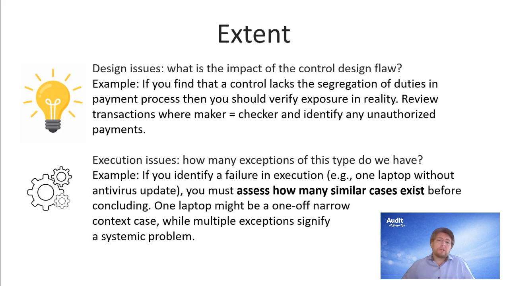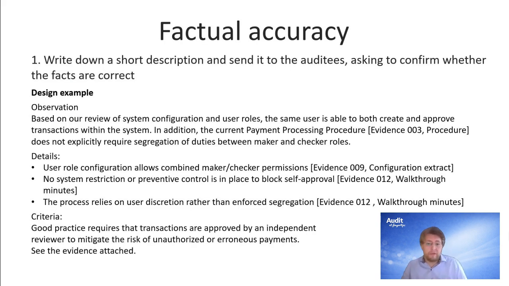Next step, factual accuracy. So if you identify that there is a risk associated and the extent of the problem is material, now definitely it may be worth turning into an issue. In that case, you need first to confirm that the facts you collected are properly interpreted and accurate.